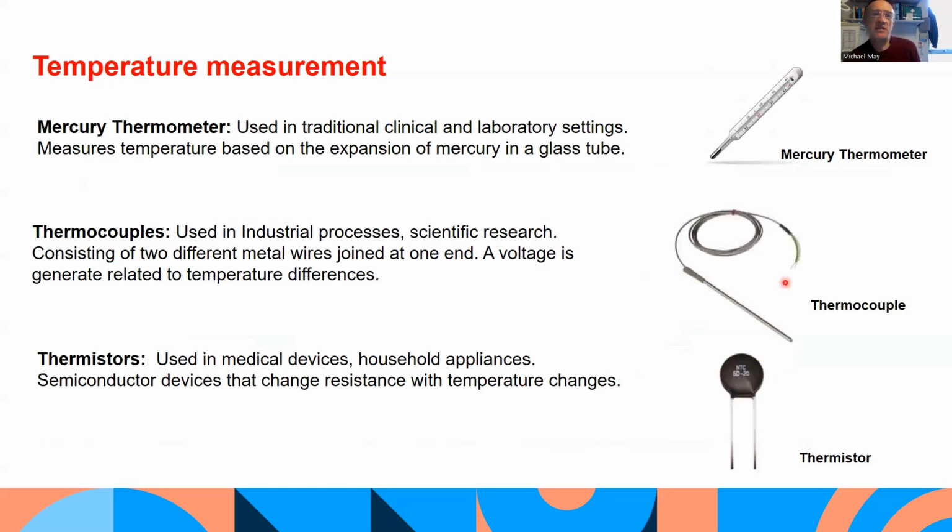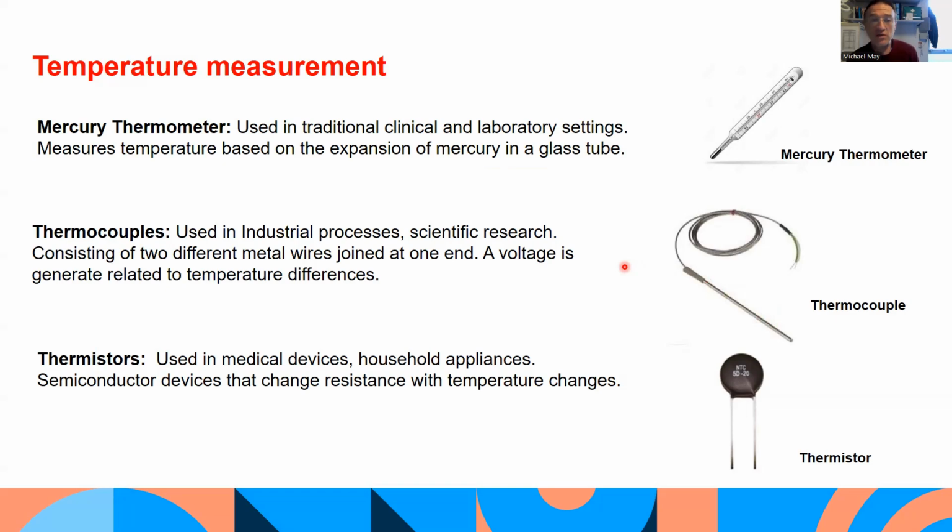Different temperature measuring devices. You get the mercury thermometer, once again devised by Fahrenheit, used in traditional clinical and lab settings, which measures temperature based on the expansion of mercury in a glass tube. You've got thermocouples used in industrial processes and scientific research, consisting of two dissimilar metal wires joined at one end.